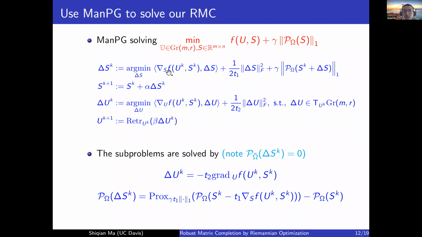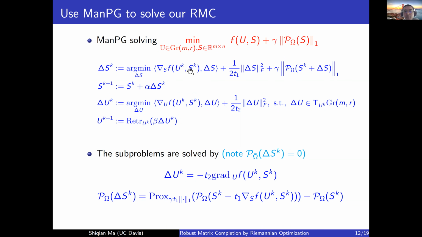We compute its gradient with respect to S and also U. Then we add the proximal terms, and the non-smooth function we keep unchanged here. This is how we update sk, and this is how we update uk. For sk, there is no manifold constraint, so we can just update it directly. For u, there is a Grassmann manifold, so we do a retraction step.